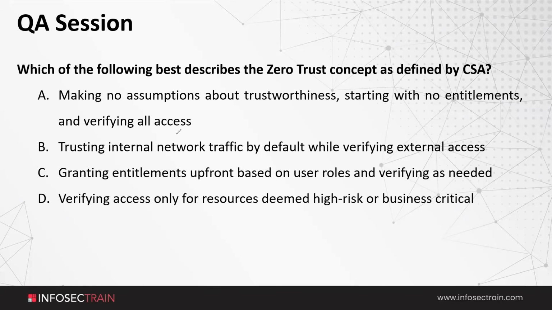We don't make any assumptions on trustworthiness, and we start with no entitlements, no permissions. Normally, when a user logs in, he gets a permission by default. But here, I will not give any permissions until the user is verified, and even after being verified, the user is given access directly to those things only, not the entire network. The answer is A.